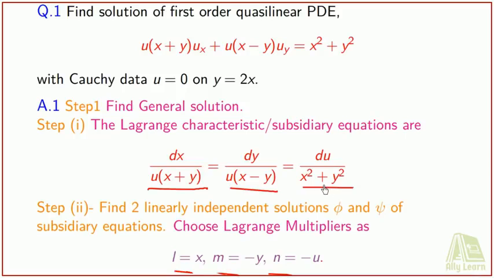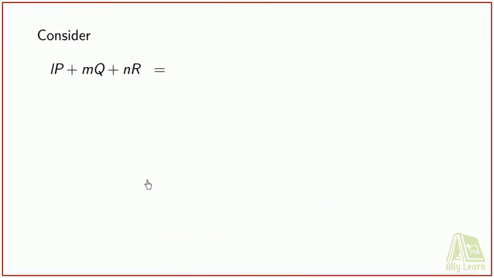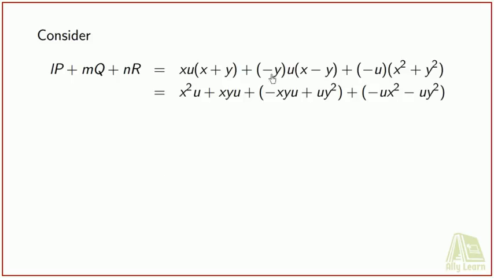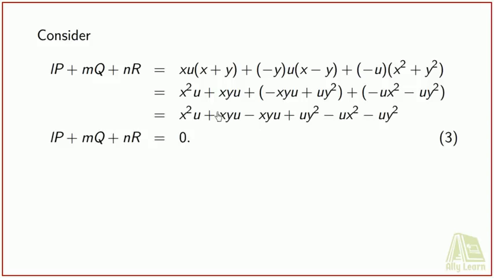So now I will be considering lP plus mQ plus nR. I just put the values over here. By taking the terms inside the bracket we get this, and opening the bracket we get this, and just cancelling out the terms, this and this one with this one, and this term with this one, we get this to be equal to 0.